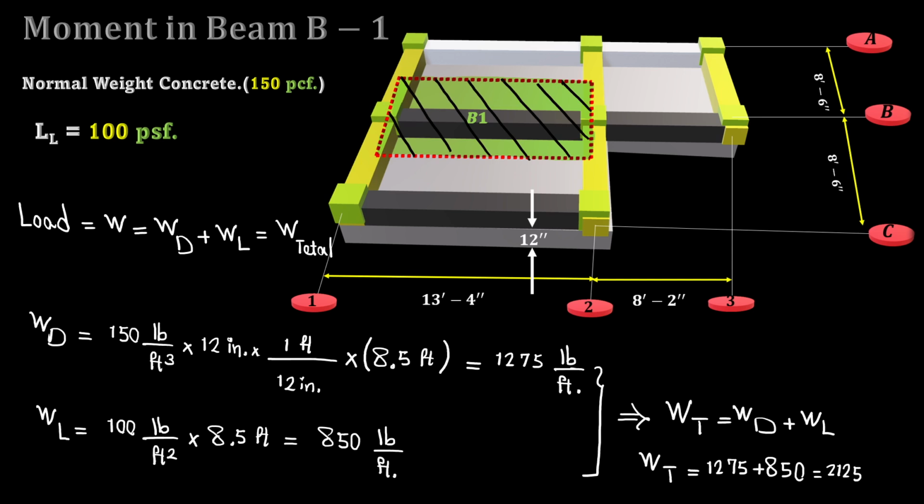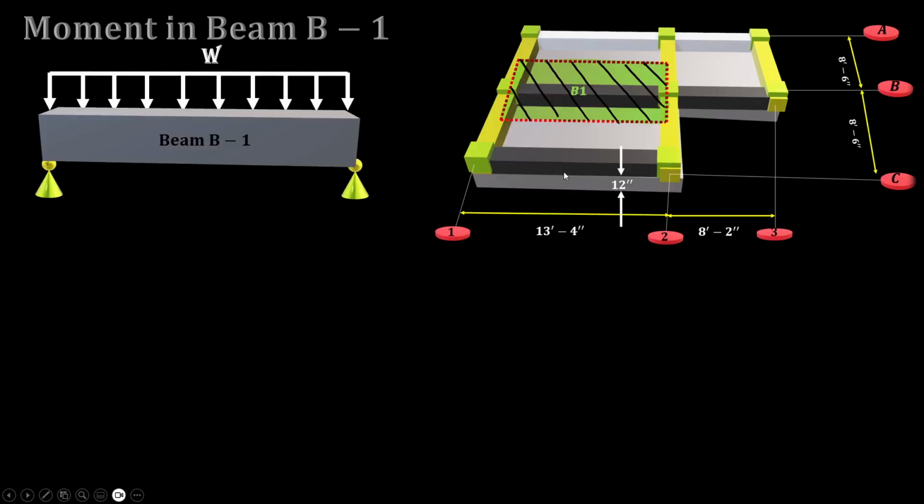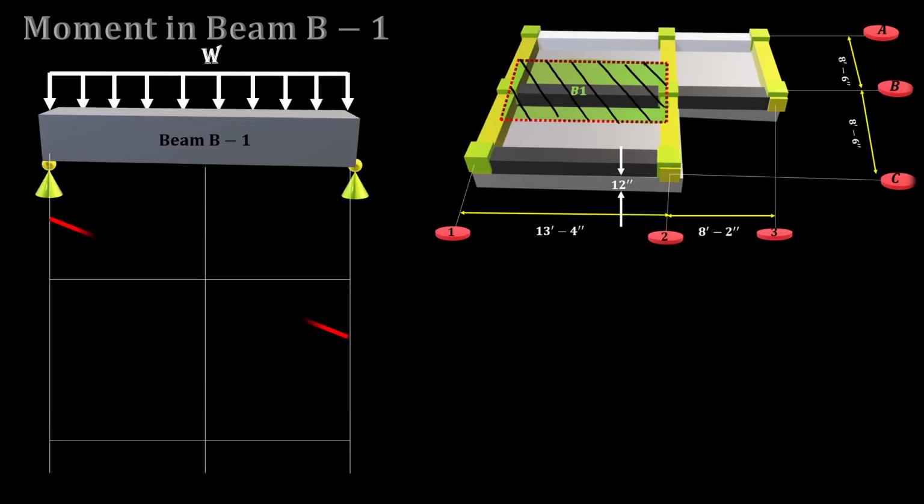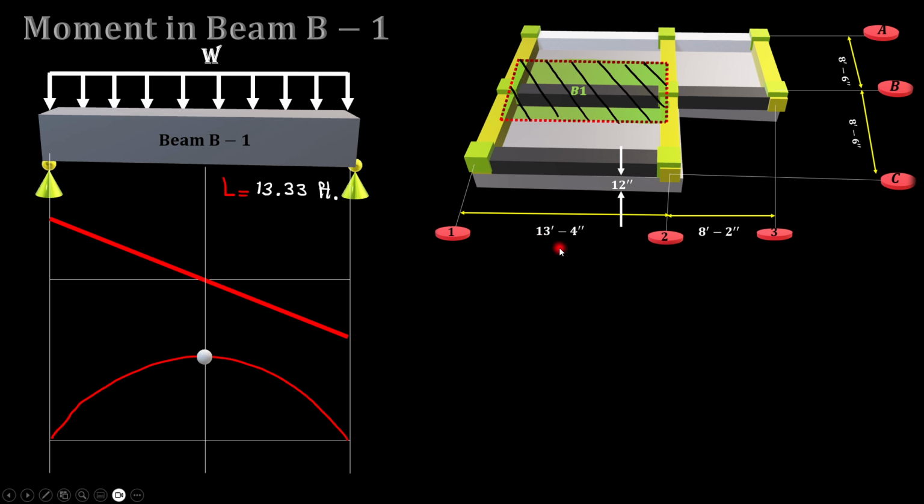That's the distributed load over the entire span of B1. This is the load, shear, and moment for a simply supported beam, and you can see the length comes from this part, 13 feet and 4 inches, so L equals 13.33 feet.